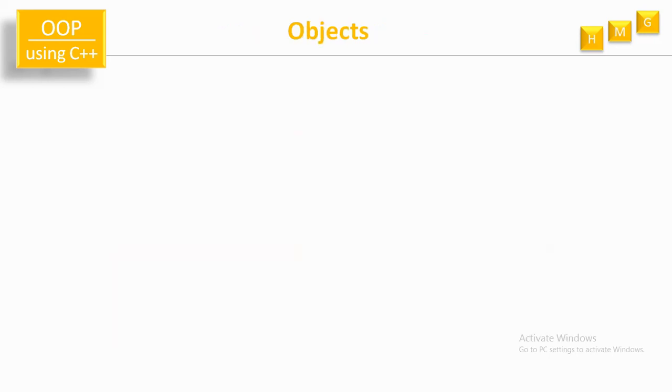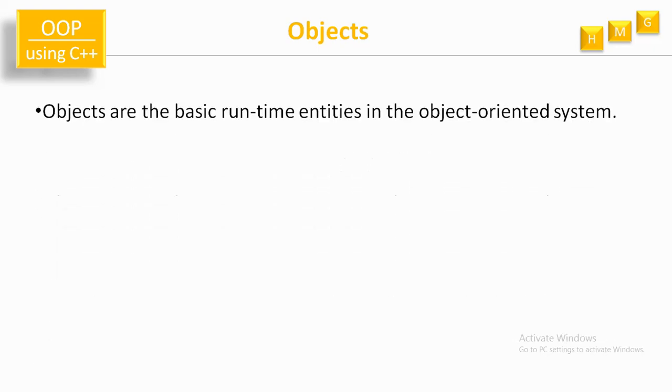First, let us see objects. So objects are the basic runtime entities in OOP. Whenever we are writing an object-oriented program, the object is the basic entity.